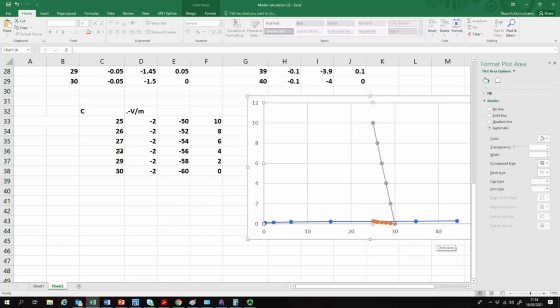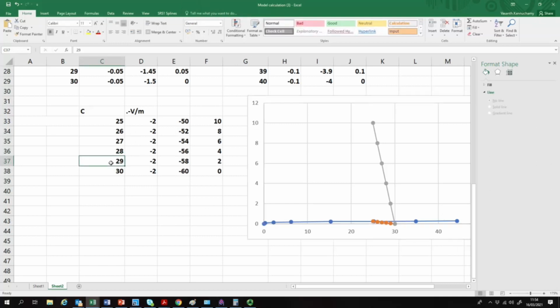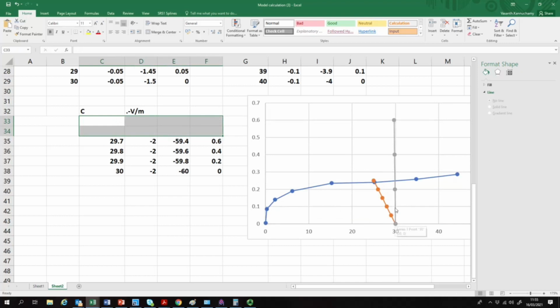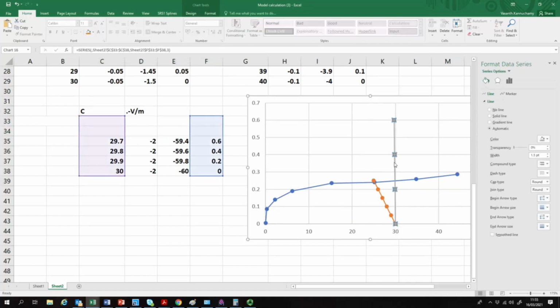It's very high. Maybe I can put 29.9, 29.8, 29.7. Yeah, and then we can remove these two values. So this is our slope value of minus 2 by m.